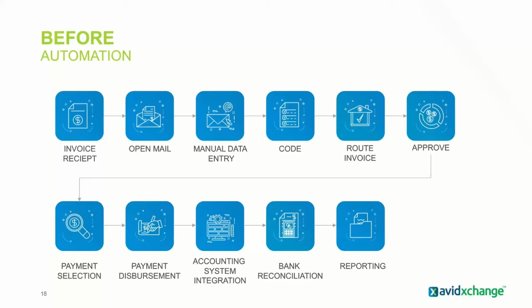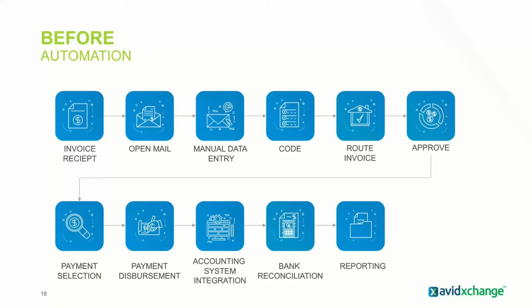Someone is routing them around for approval, either maybe via email or actually walking them into someone's office. Someone is having to capture that information, so they're doing that manual data entry. And then on the payment side, once those invoices become due for payment, you'll go through that selection process.